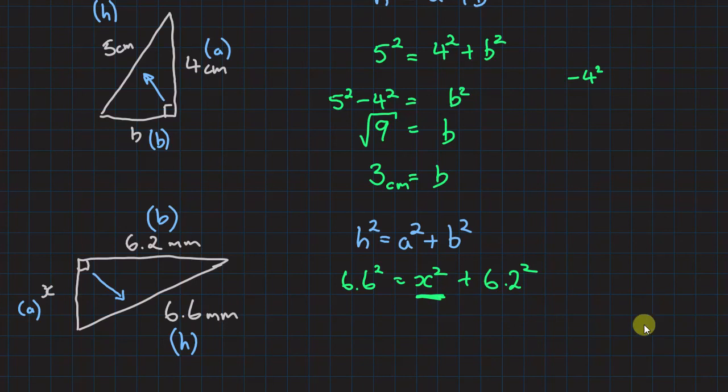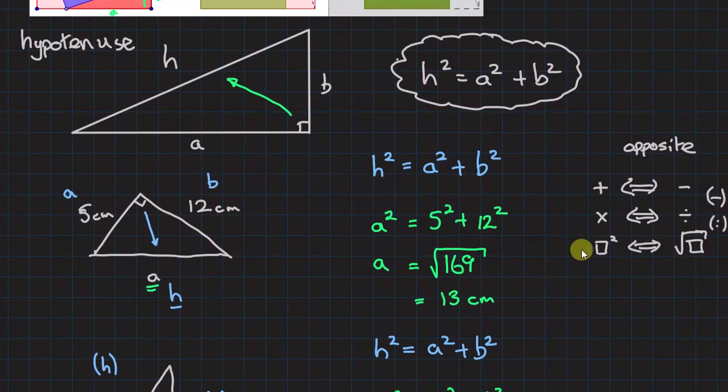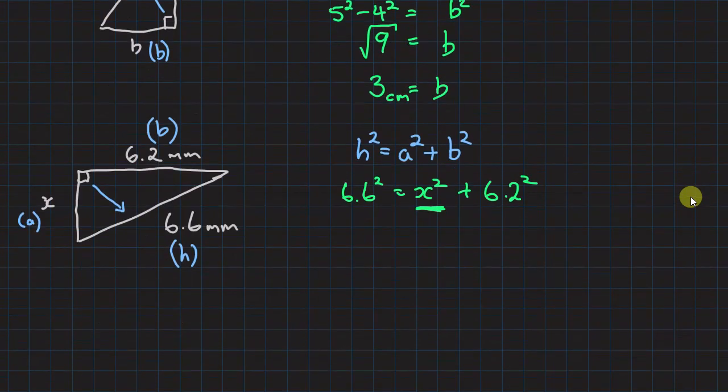That's what I want. So I need to take this bit to the other side. As I take 6.2 squared to the other side, it changes from a positive to a negative. Do the opposite. So I drag that to the other side and I get 6.6 squared minus 6.2 squared equals x squared.